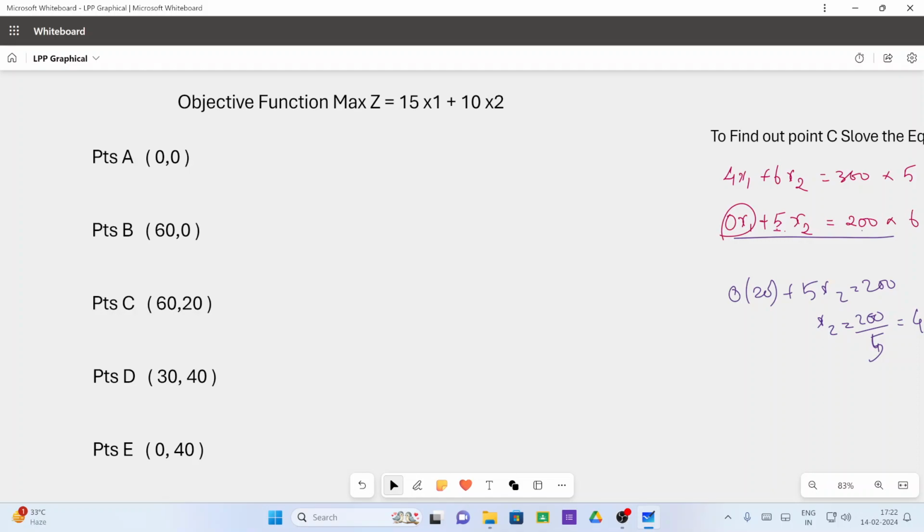What we need to do is substitute all the points in the objective function. The objective function is 15x1 plus 10x2. First, point A is 0, 0, which is 15 into 0 plus 10 into 0. Finally this value is going to be 0.